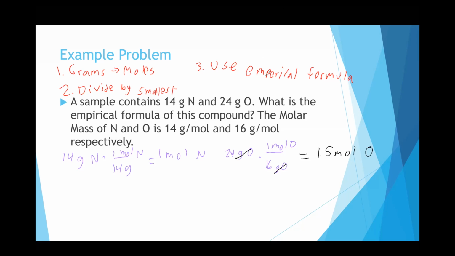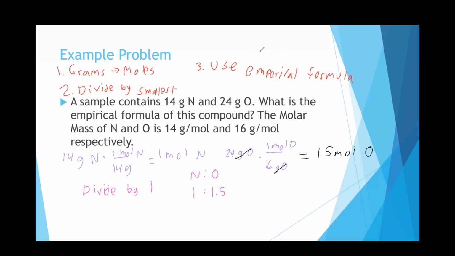Okay. So I hope you realize that the smallest number is 1. So we divide by 1, which does nothing. So we get N is 1, O is 1.5. But here's a problem. We can't have 1.5 oxygen atoms. So what we're gonna have to do is multiply by a number that makes every number whole.